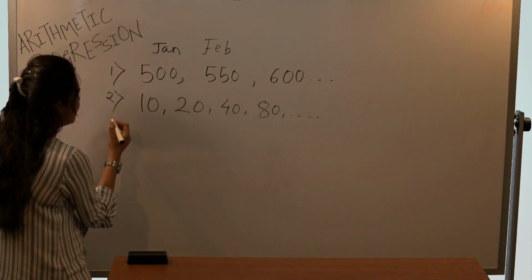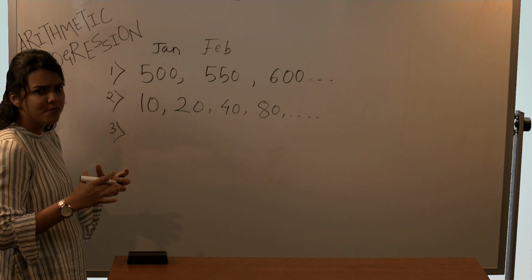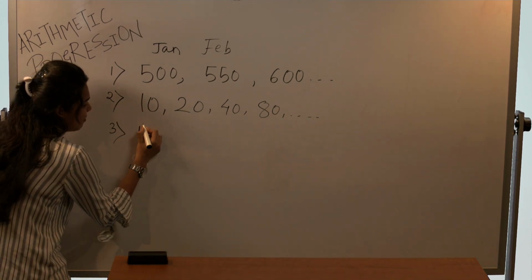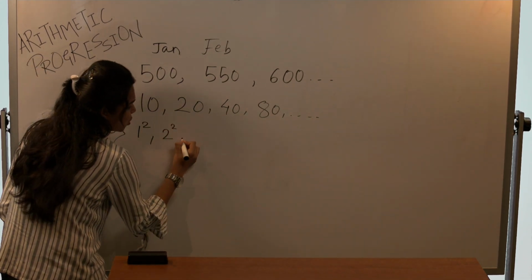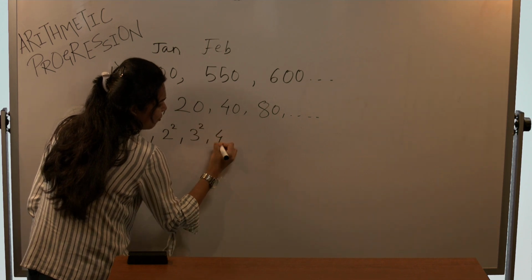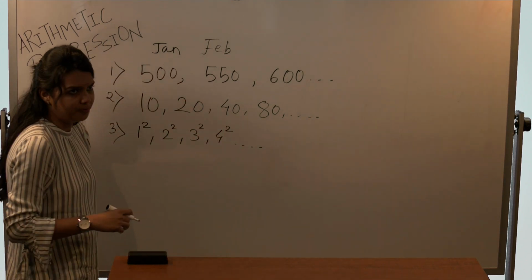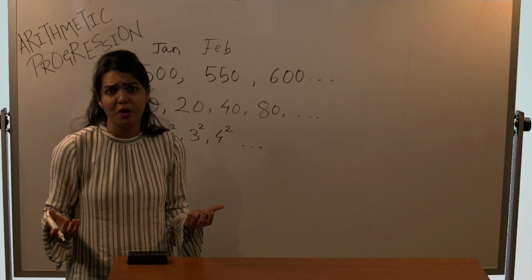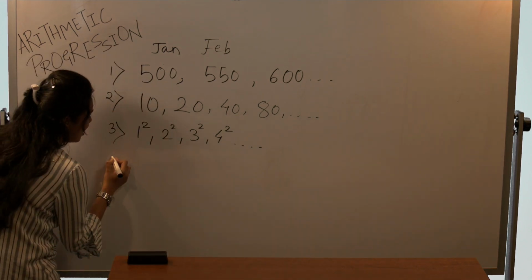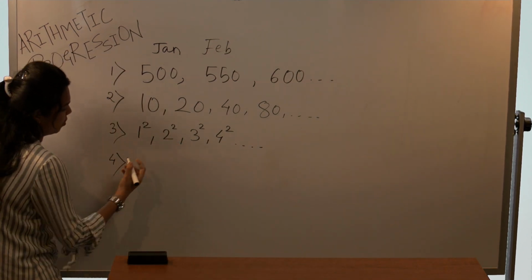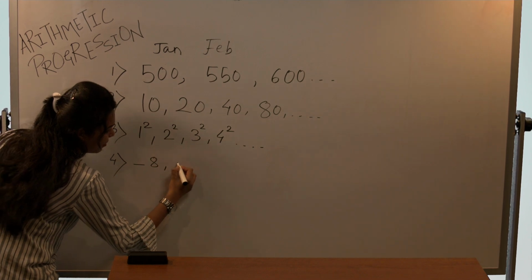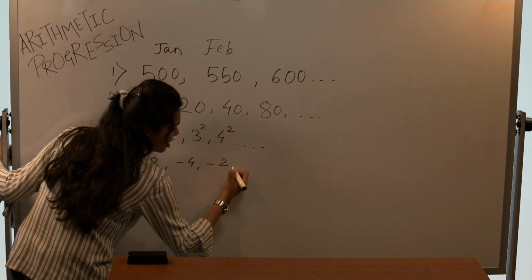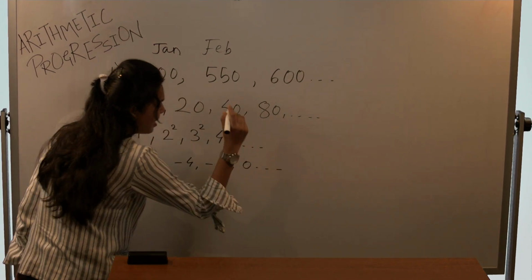Later on, let us consider some pattern of squares. I will write 1 square, 2 square, 3 square, 4 square and so on. Let us consider a pattern of negative numbers. I will just write negative numbers in a row, like -8, -4, -2, 0 and so on.